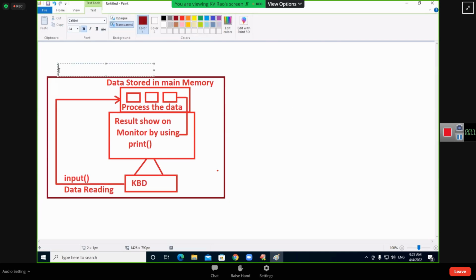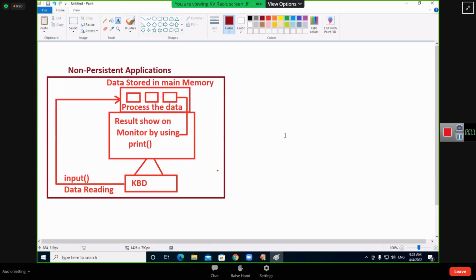Persistent means storing the data permanently. Non-persistent means not storing permanently. How important is it in real time to store the data permanently?